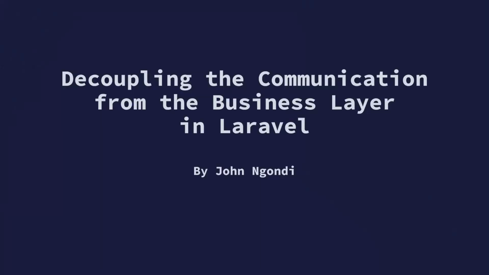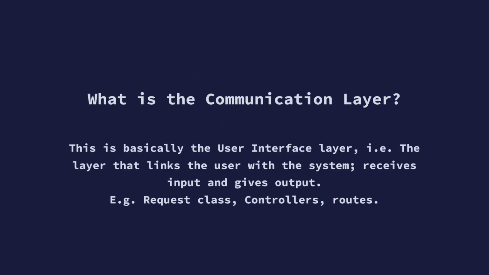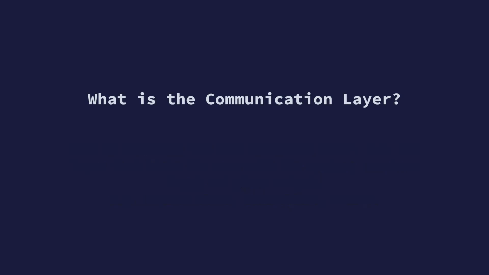So in this talk, we are going to talk about decoupling the communication from the business layer in Laravel. So, what is the communication layer? This is basically the user interface layer, the layer that links the user with the system.